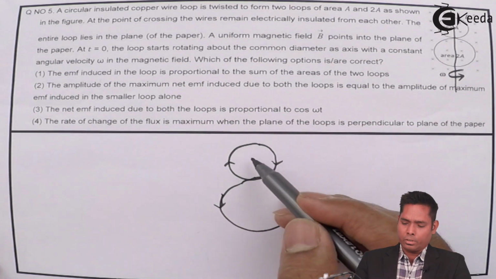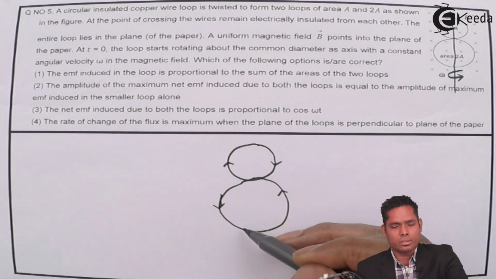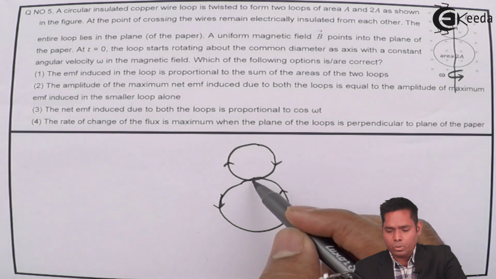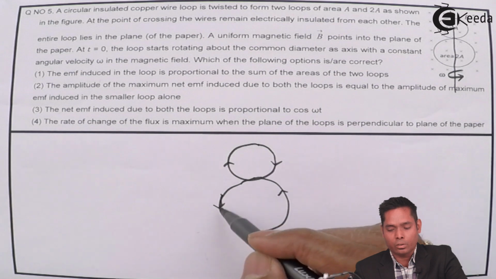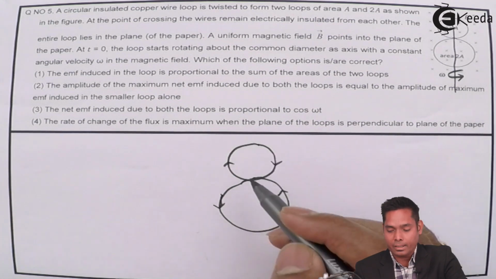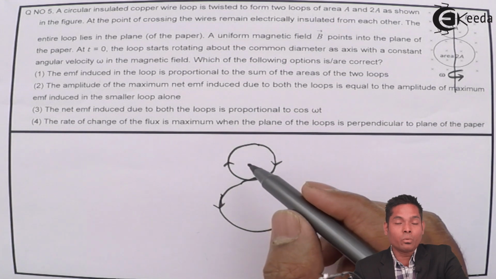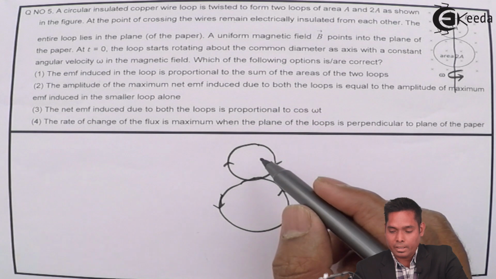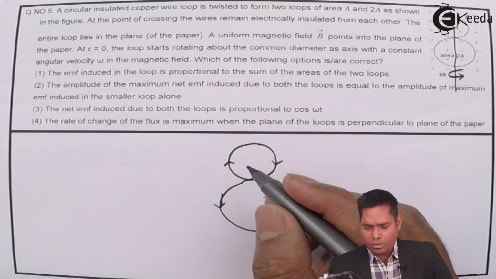You can have this as anti-clockwise and this as clockwise. The basic concept is that there is no conducting point between the two. It is insulated here. So one loop is clockwise, another loop will have anti-clockwise current. So the flux in one loop is positive and in the other loop is negative.